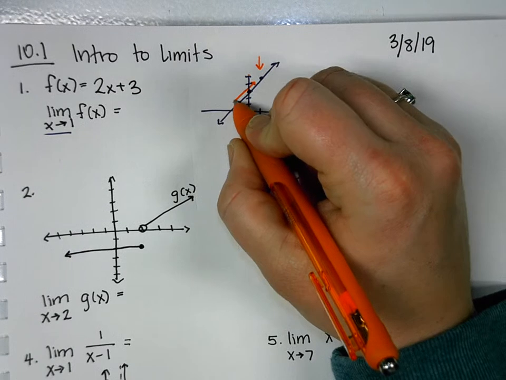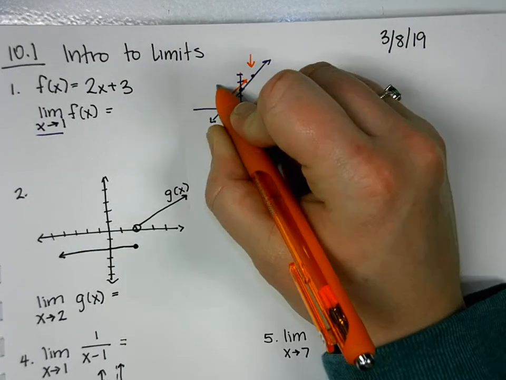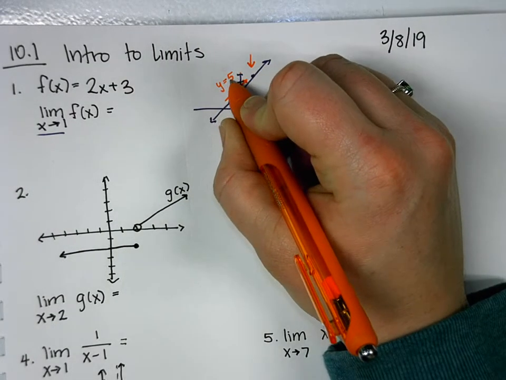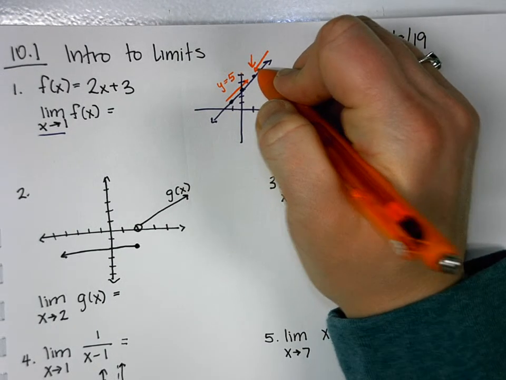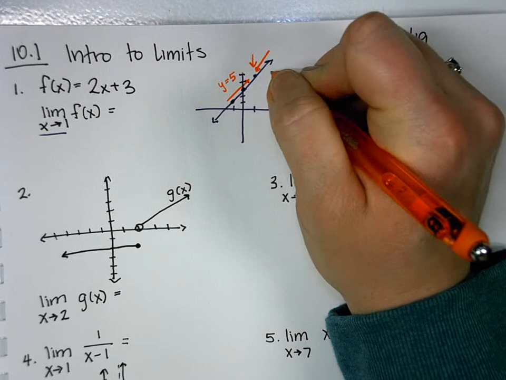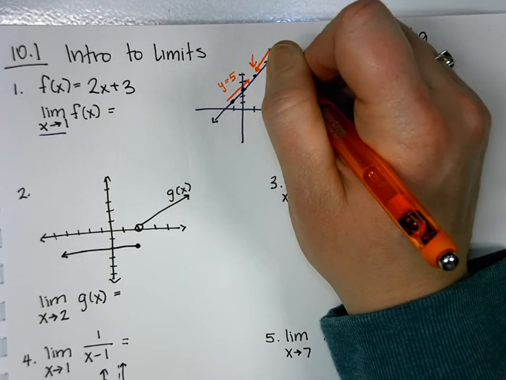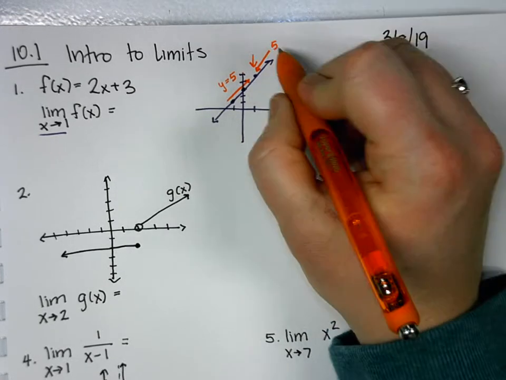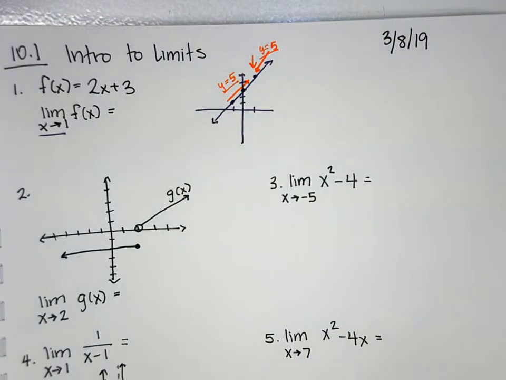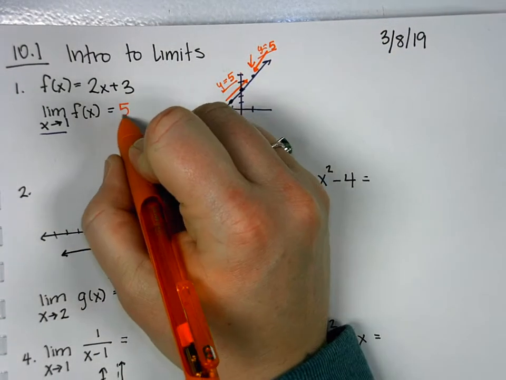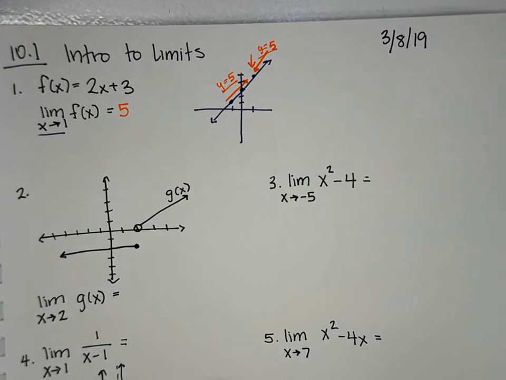So as it's approaching from this side, the y value is approaching 5. When I come from this direction, from the positive direction, my y value is also approaching 5. If these are approaching the same number, then that means your limit is 5, whatever that number might be.